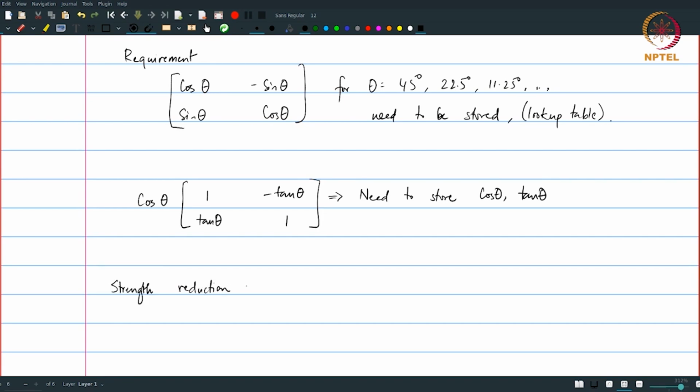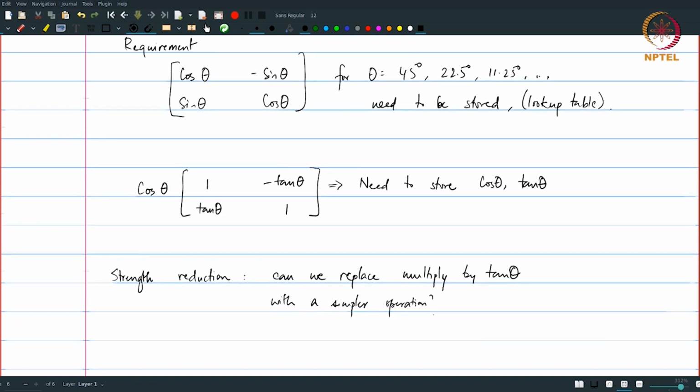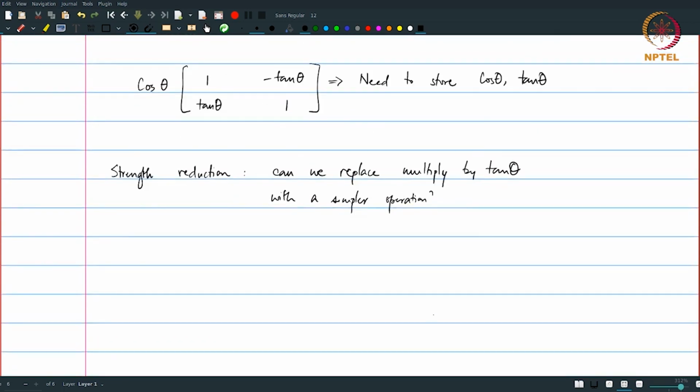And what I mean by strength reduction in this case is, can we replace multiplication by tan theta with a simpler operation? And the key insight over here is to say that tan 45 degrees is equal to 1.